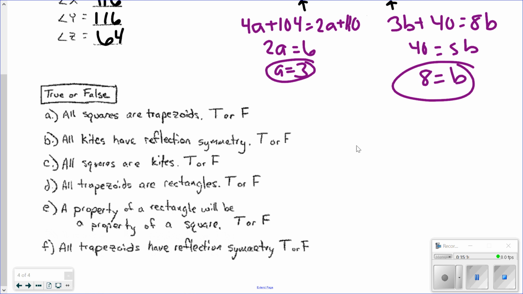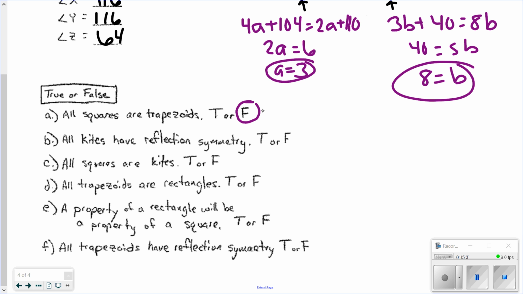Next, true or false. You will have a few true or false questions on the test, so make sure you have this saved for your test tomorrow. A, all squares are trapezoids. That is false. By definition, a trapezoid has one pair of parallel sides, and we know a square has two.